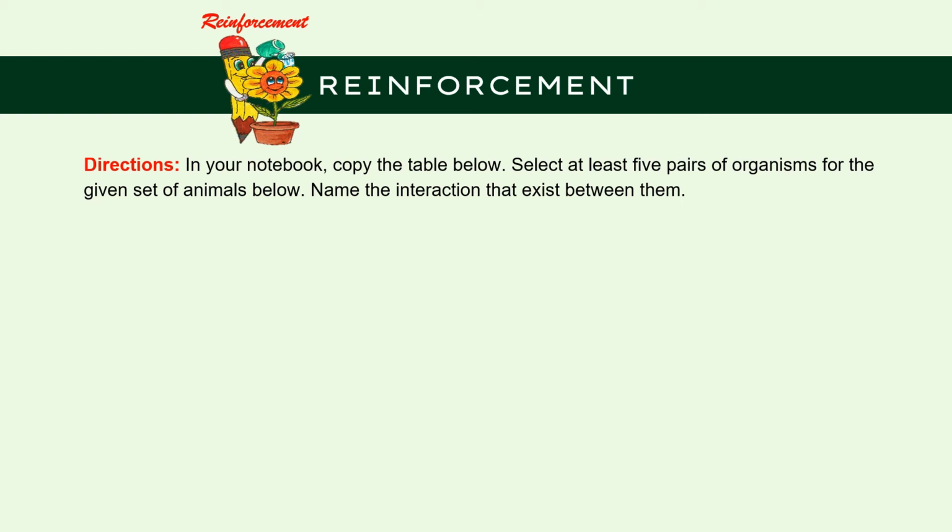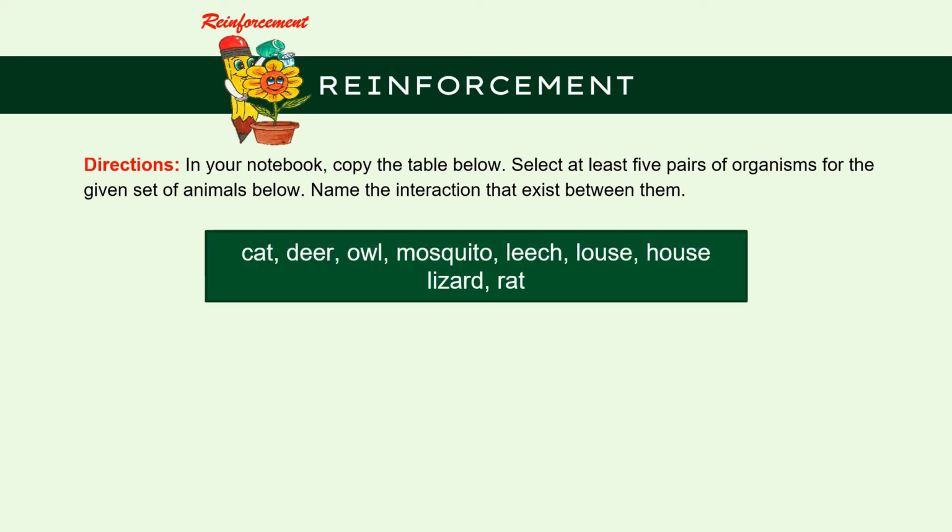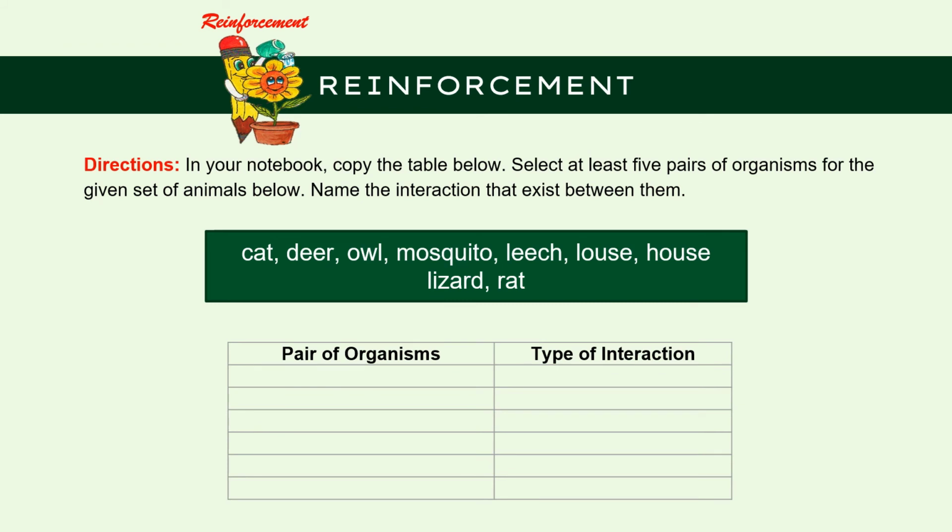Name the interaction that exists between them. Cat, deer, owl, mosquito, leech, lizard, and rat. Pair of organisms and type of interaction.